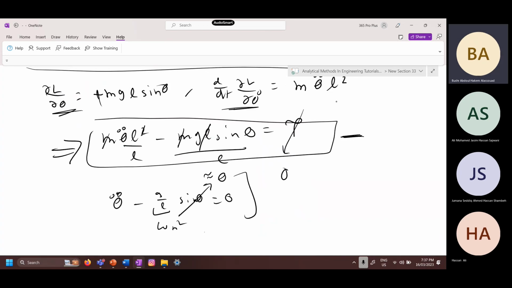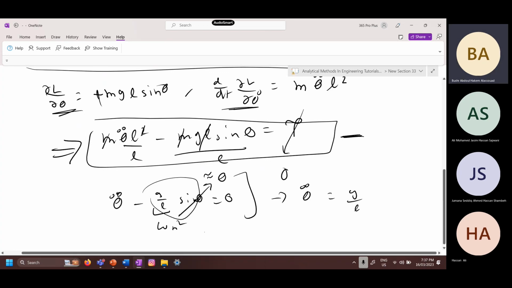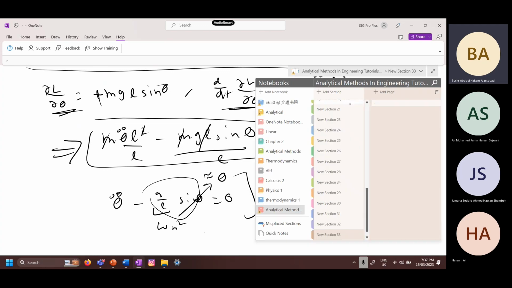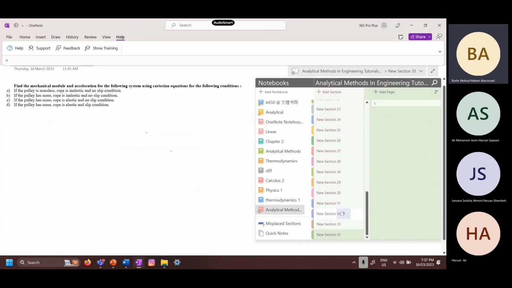And you might be asked in the exam to find the angular acceleration. So instead of approximating theta, just take this to the other side. So theta double dot equals g over l sine theta. That's the angular acceleration of the whole system. Again, I'm not sure if you're going to use this in the exam, just for your information.